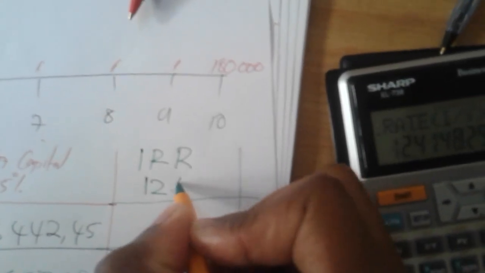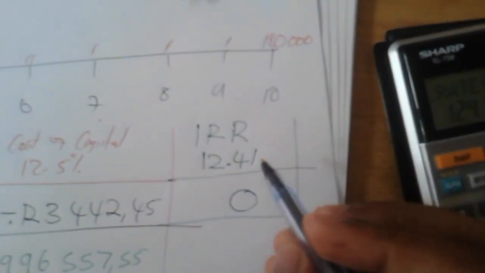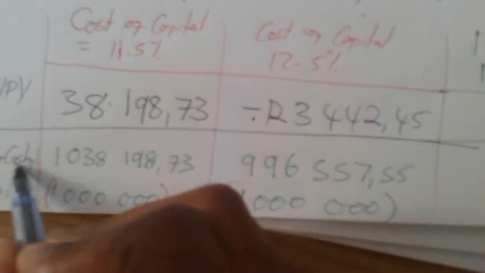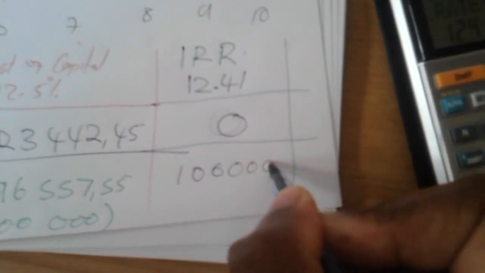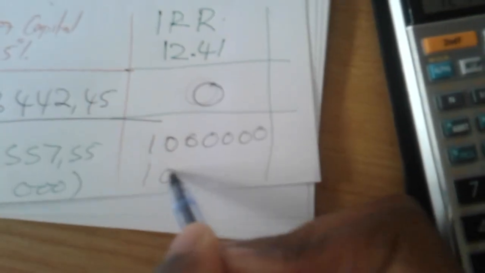So it means your internal rate of return is 12.41. Now remember, we said the NPV is 0 at IRR. Why? Because the present value of cash inflows is 1 million, and the PV again of the investment is also 1 million.